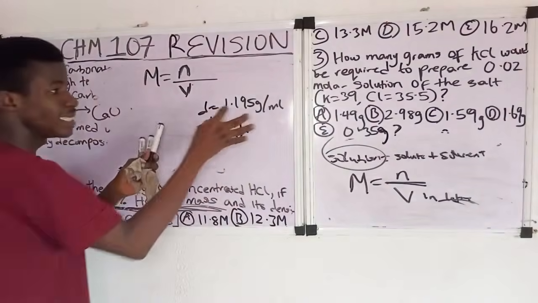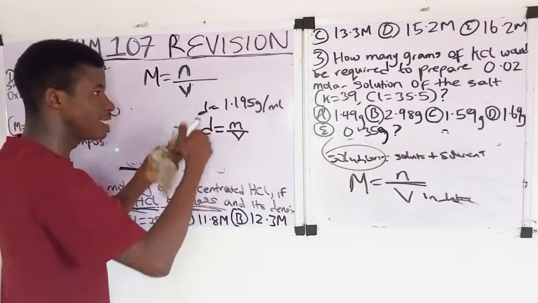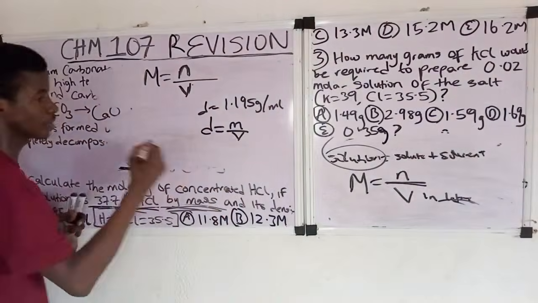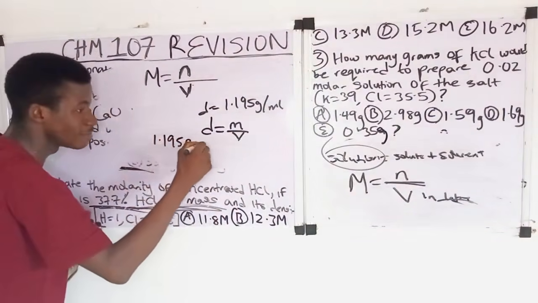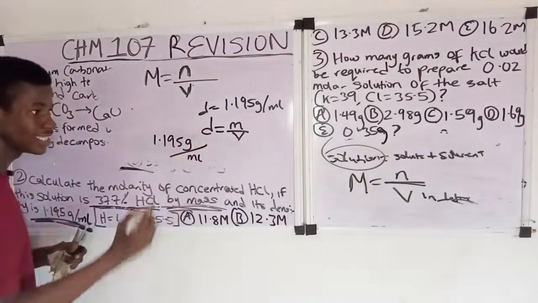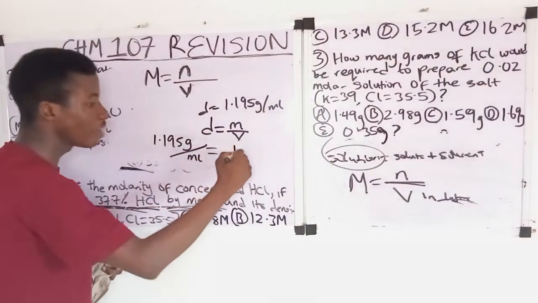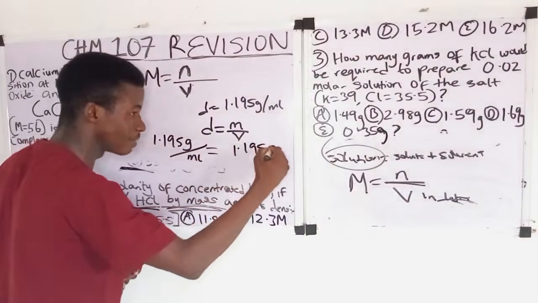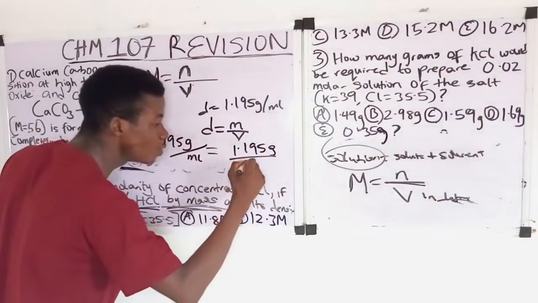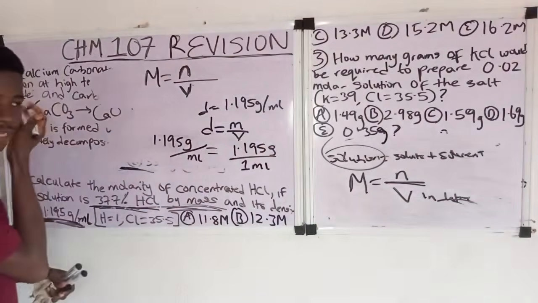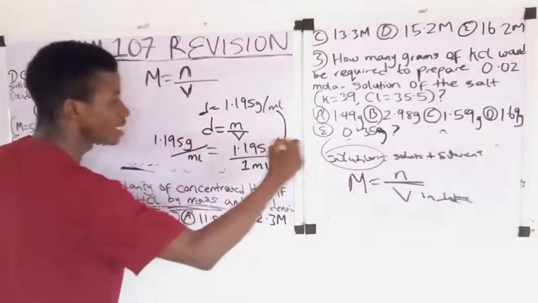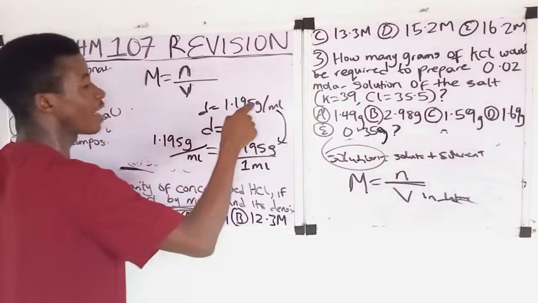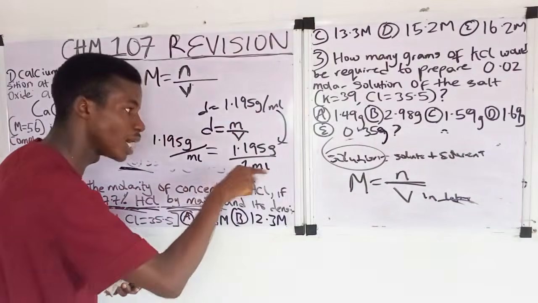Let me tell you something. This 1.195 gram per mil means that 1.195 gram is divided by 1 mil.